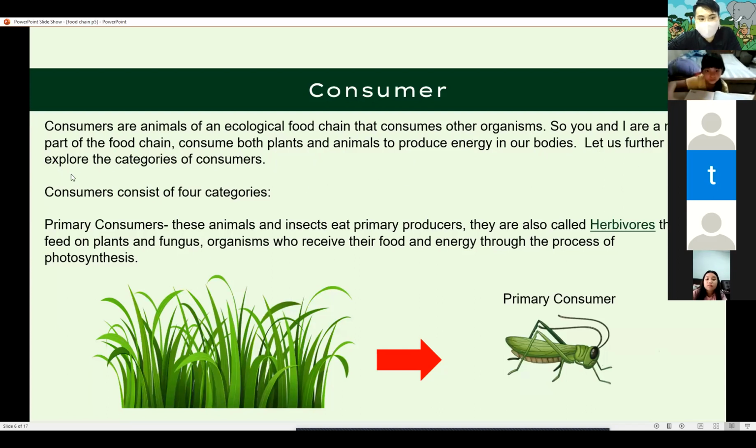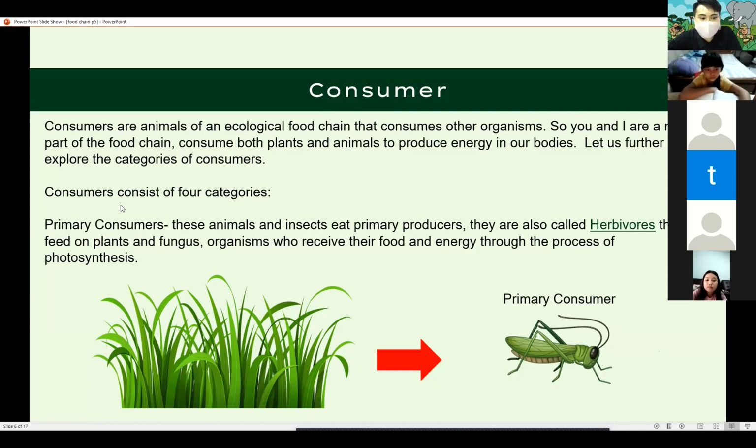Let us further explore the categories of consumers. So like people, every person is also a consumer because we eat plants, because we eat vegetables, right? We eat also other animals or the meat of animals like the pork, the chicken meat, the beef.